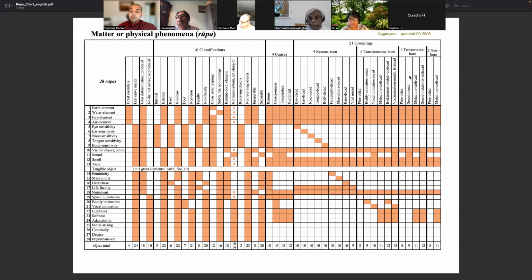Now, shall we take an even lazier example? Let us take an egg, or a being that comes to be because of temperature, because of moisture.